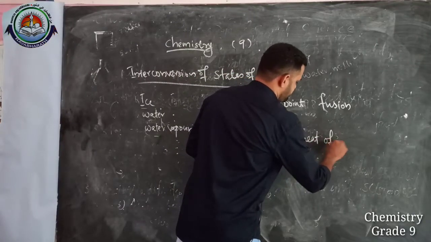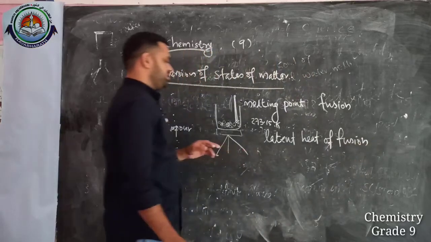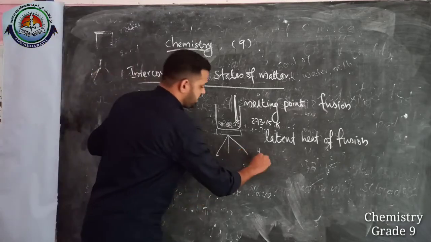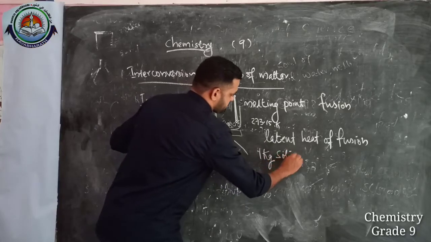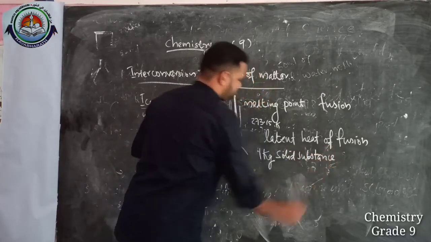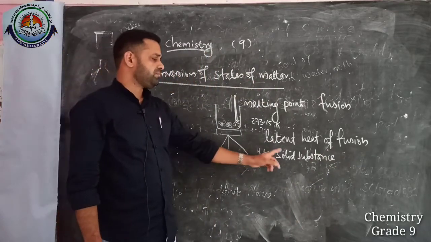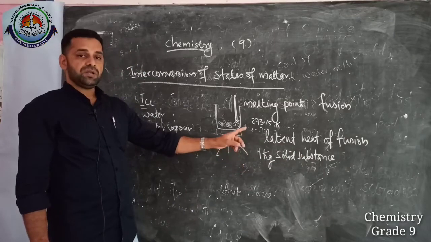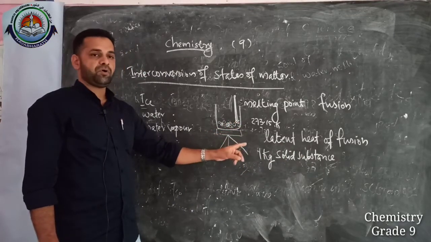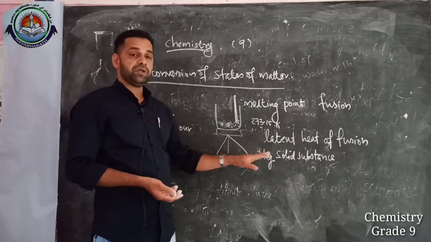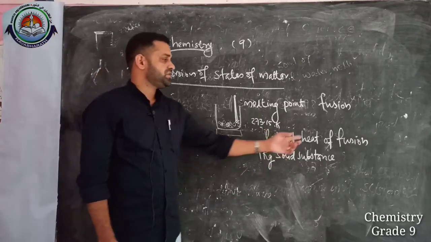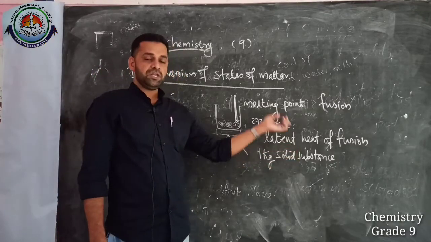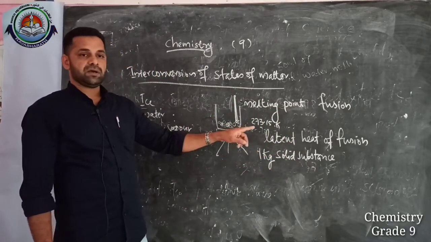Can you define what is latent heat of fusion? Latent heat of fusion is the amount of heat energy required to change 1 kilogram of a solid substance into liquid at its melting point at the atmospheric pressure.